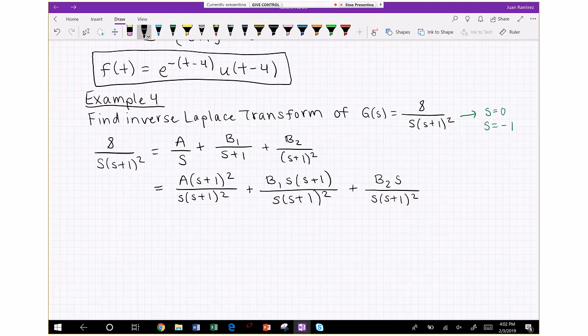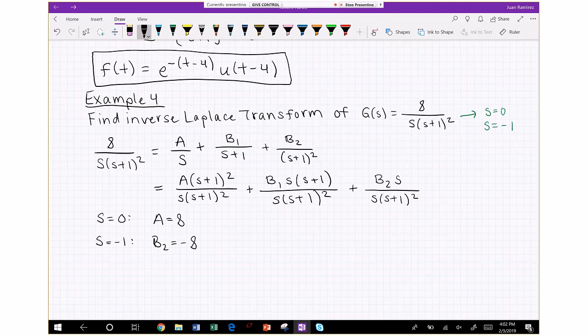So what you'll do is plug in s equal to 0, and when you do that, you're going to find a equal to 8. I'll let you guys do the algebra behind it. If you plug in s equal to -1, you'll find the value for b2, and you'll find that b2 is equal to -8.